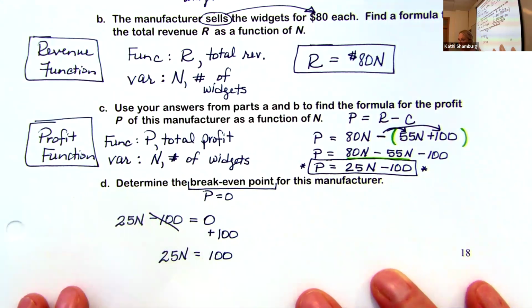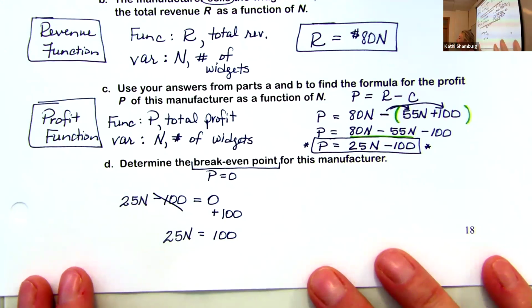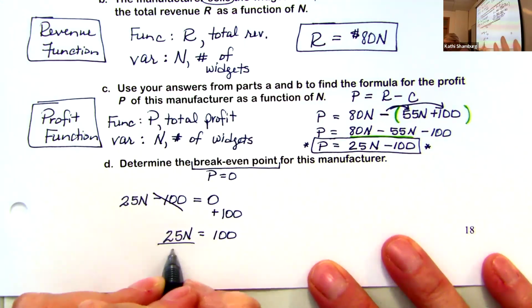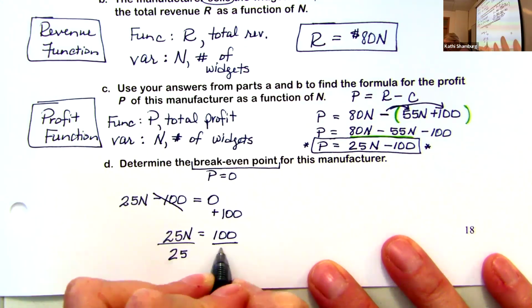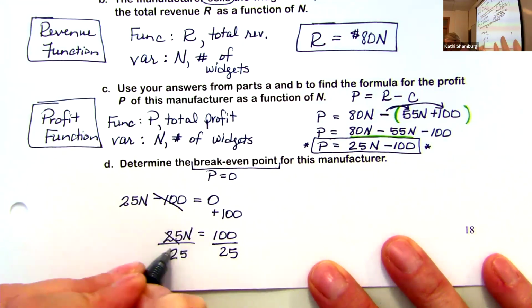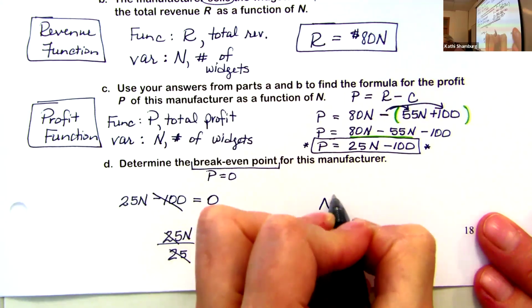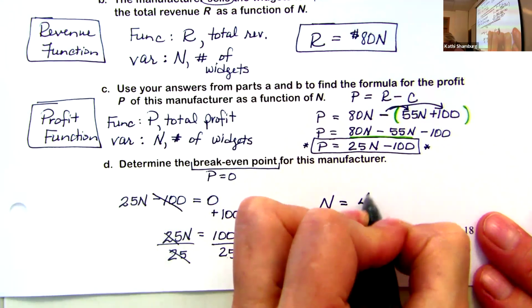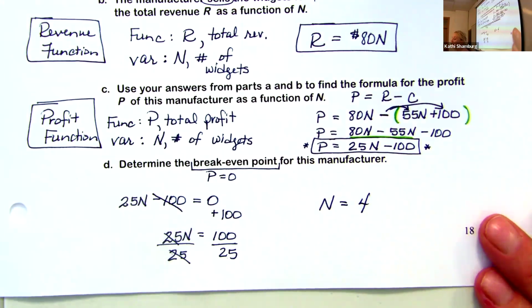And 25n means 25 times n. To undo multiplication, we divide. I want to get rid of the 25. So I'm left with n equals 100 divided by 25 is 4. And then I've got to remind myself, what does n represent? Widgets.